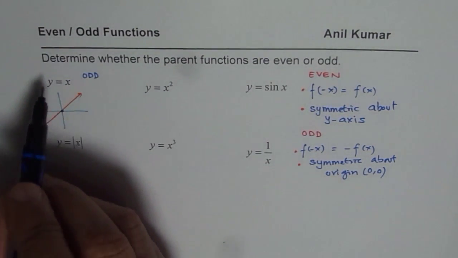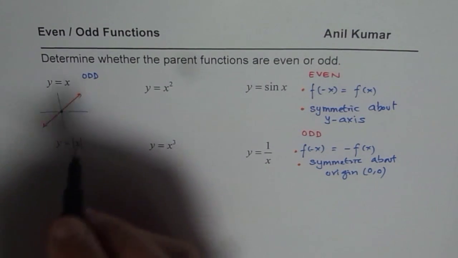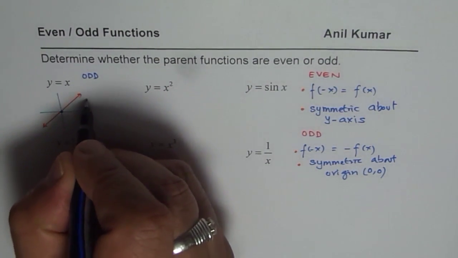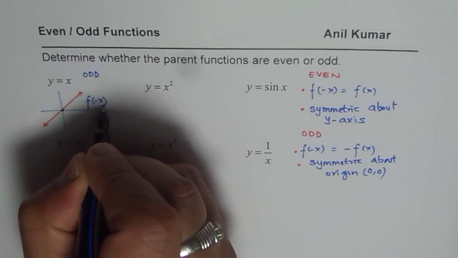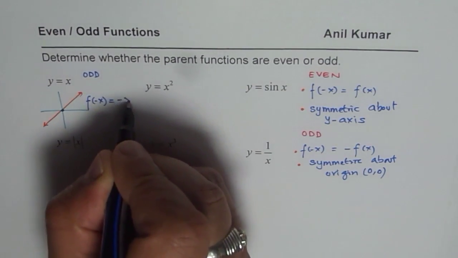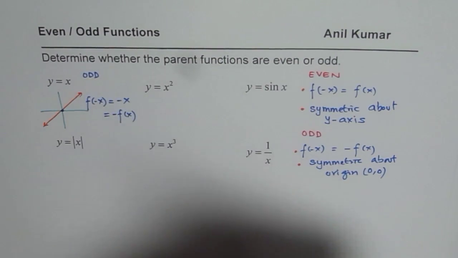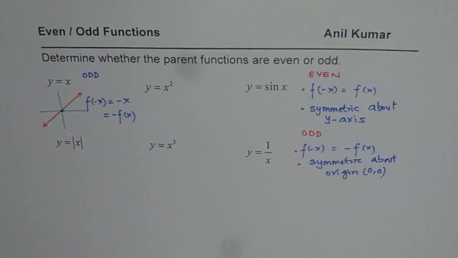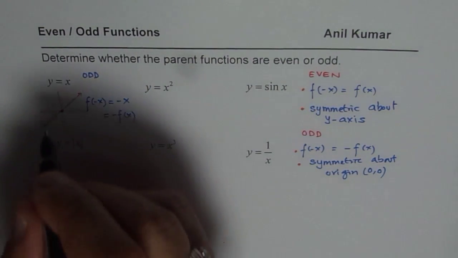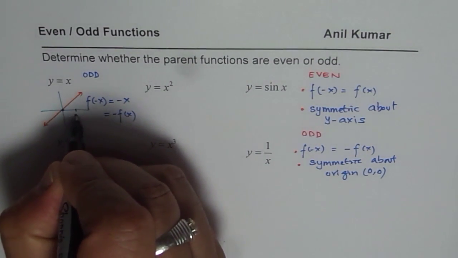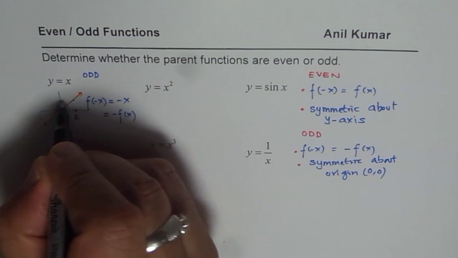The other way is, what is the value of f of minus x? If I write f of minus x, I will get minus x, which is equal to minus of f of x. What we are trying to say here is that if I take a value 2, for example, then I get a value 2.